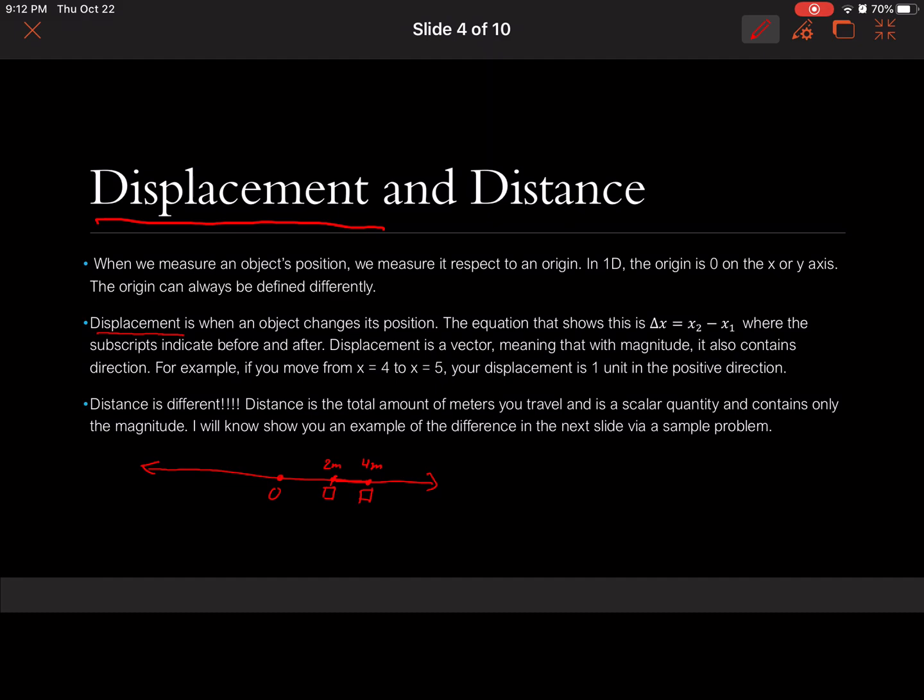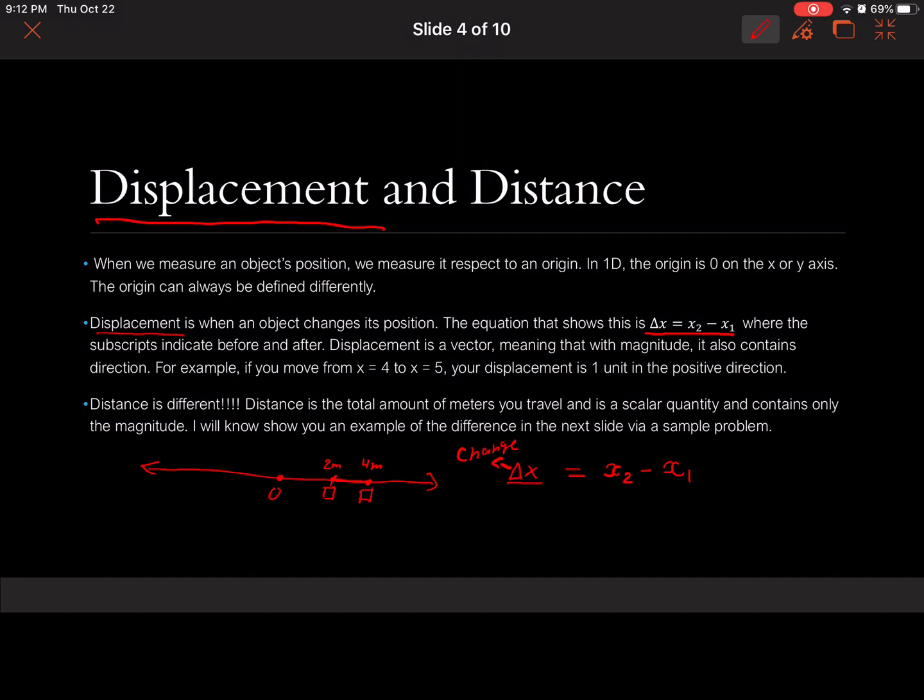So the equation that describes displacement is this equation I just wrote down here. Delta x, the change in x, is the displacement. Delta represents change. So displacement is equal to the final position, x sub 2, minus the original position, x sub 1.